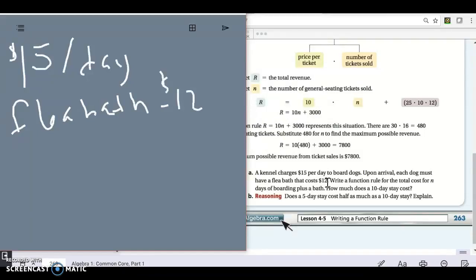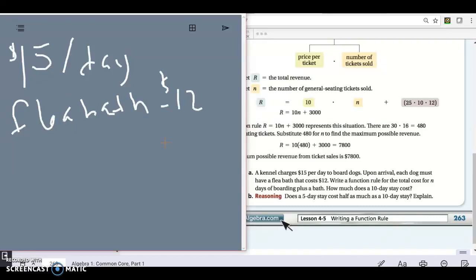Write a function rule for the total cost for N days of boarding plus a bath. How much does a 10-day stay cost? All right, so we're just talking about the dogs, right?